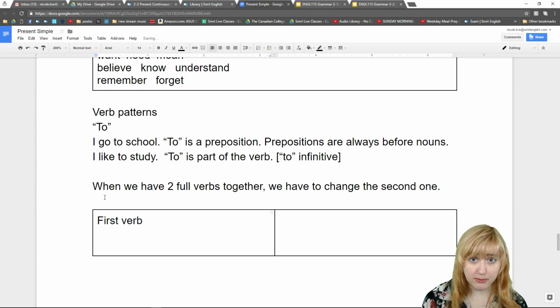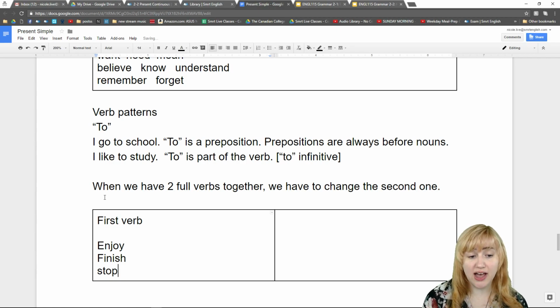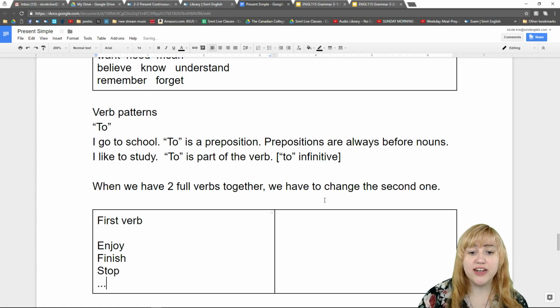If your first verb is a word like enjoy, finish, or stop, then our second verb, we're going to use verb ing.